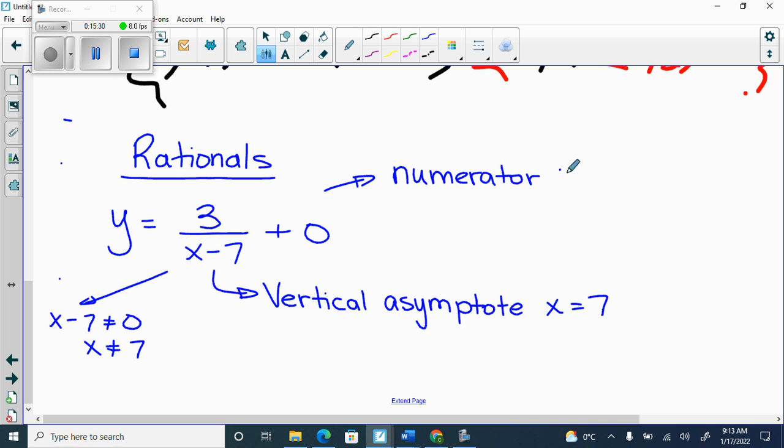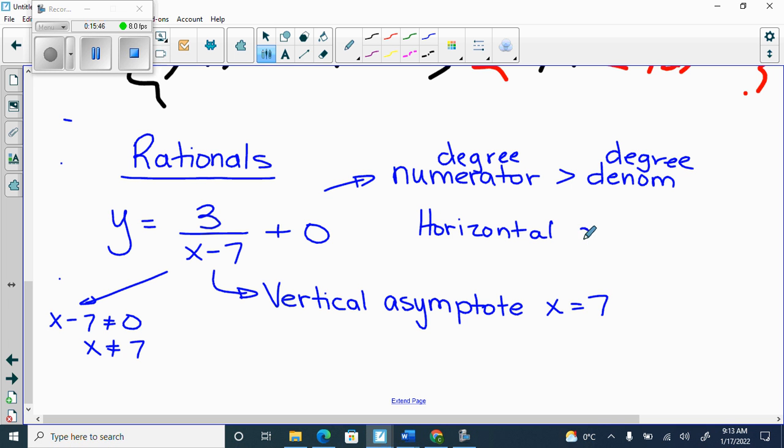So when the degree of the numerator is smaller than the denominator, your horizontal asymptote is y equals 0.